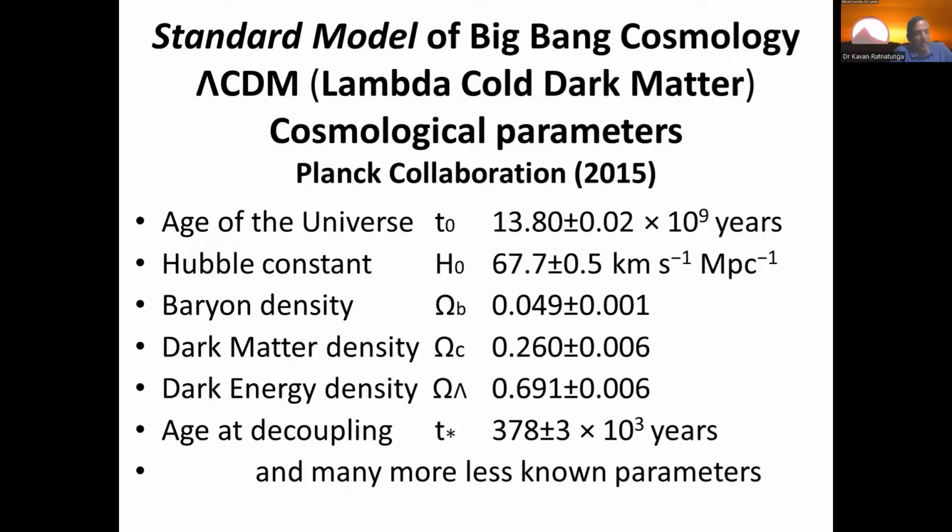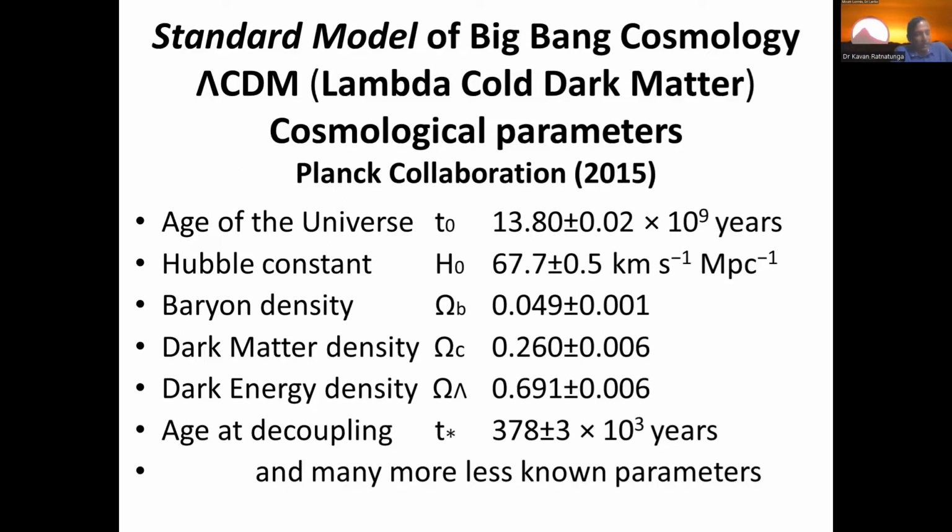He said lambda could take any value. He thought it was 0. But now we know that it is 0.69, omega lambda. And why it is, we still don't know. We don't know what dark energy is. There are multiple theories to explain dark matter and dark energy, none of which is acceptable in all respects.